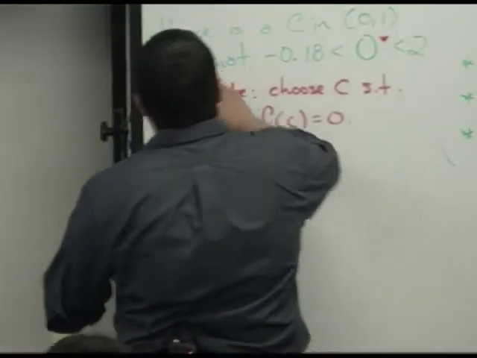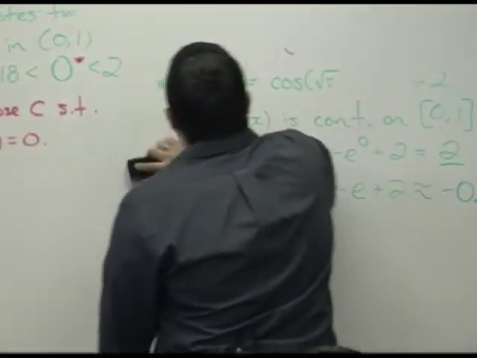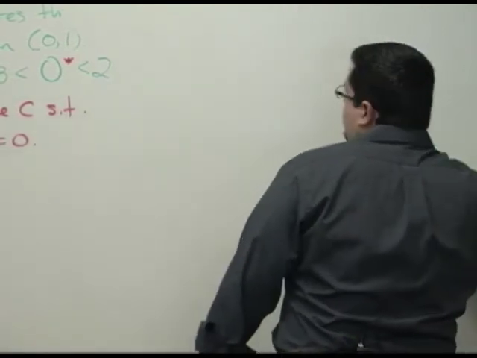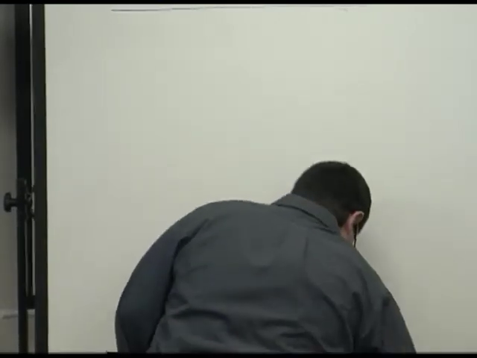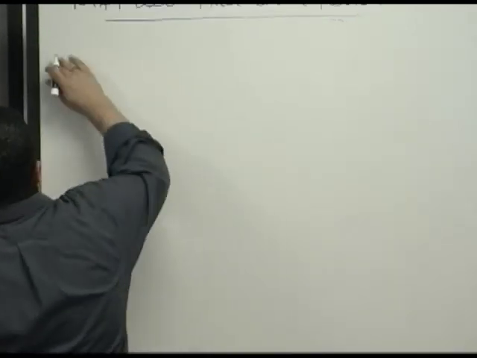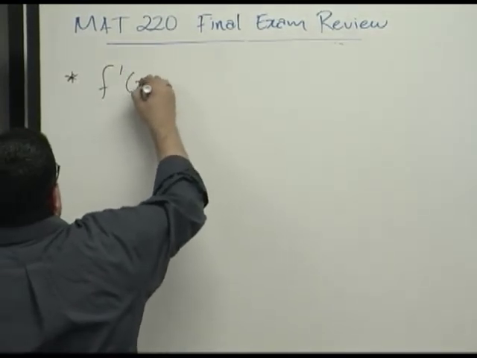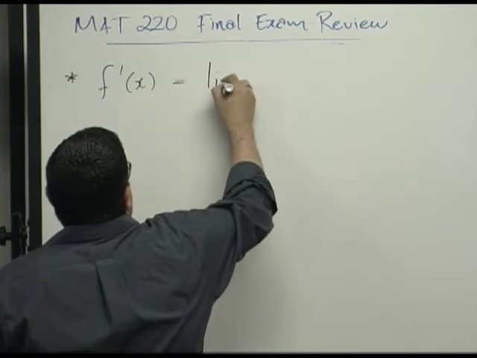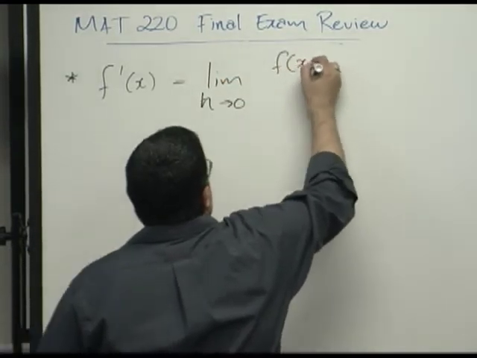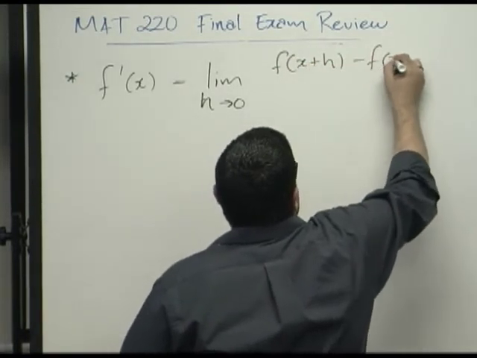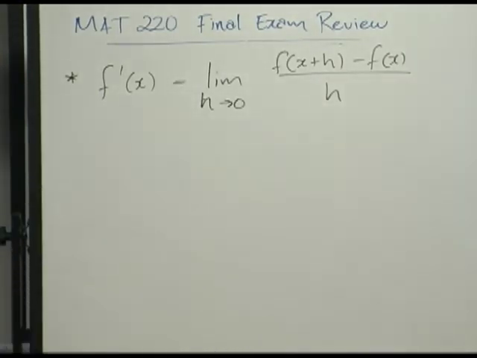Now, a derivative is defined, remember, the derivative is defined to be the limit as h goes to 0 of f of x plus h minus f of x all over h, provided that the limit exists. Okay?